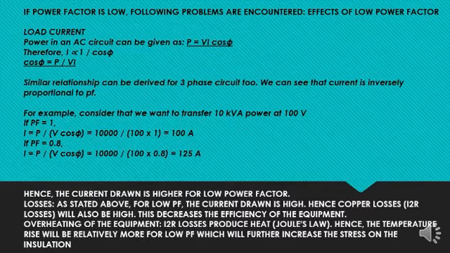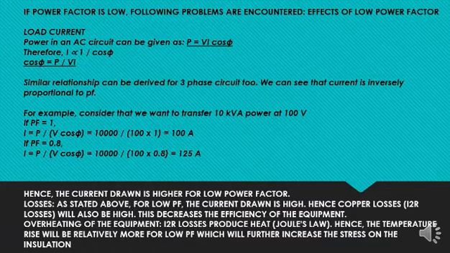As you can see here, the current drawn is higher for low power factor compared to a power factor of 1, or which is near unity.